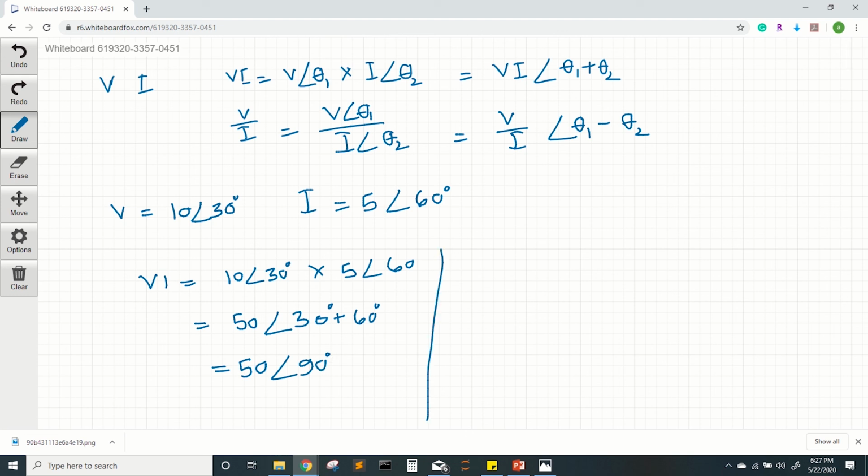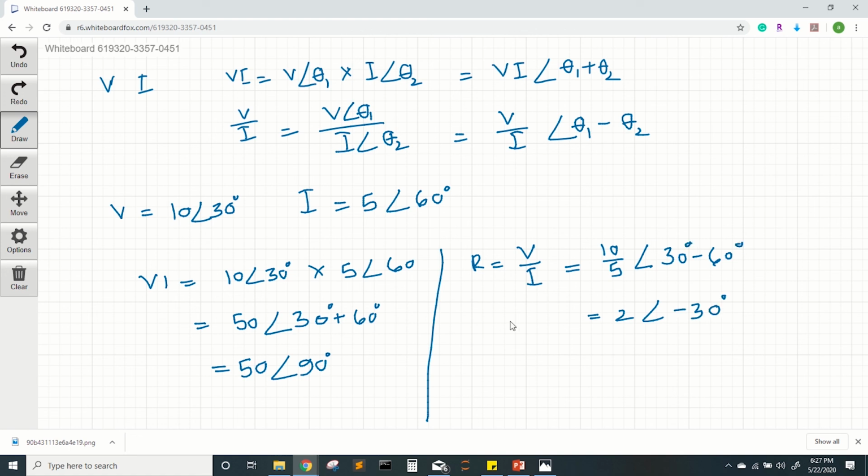And if we want to divide them, like if we know R is equal to V by I from Ohm's law, this is 10 by 5 and 30 minus 60, so it will be 2 at minus 30 degrees.